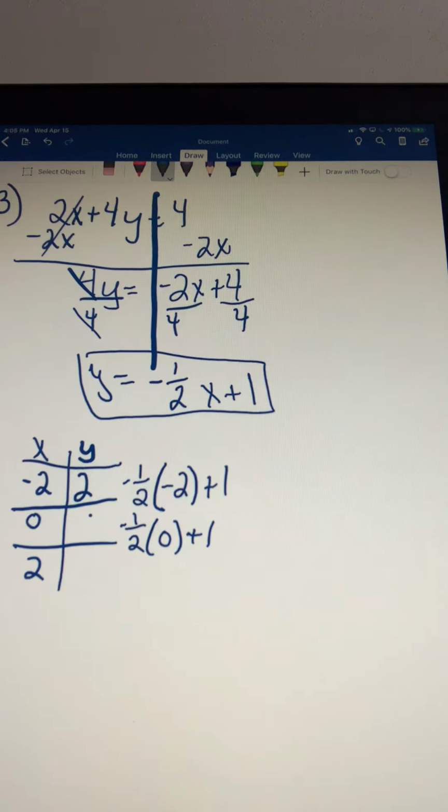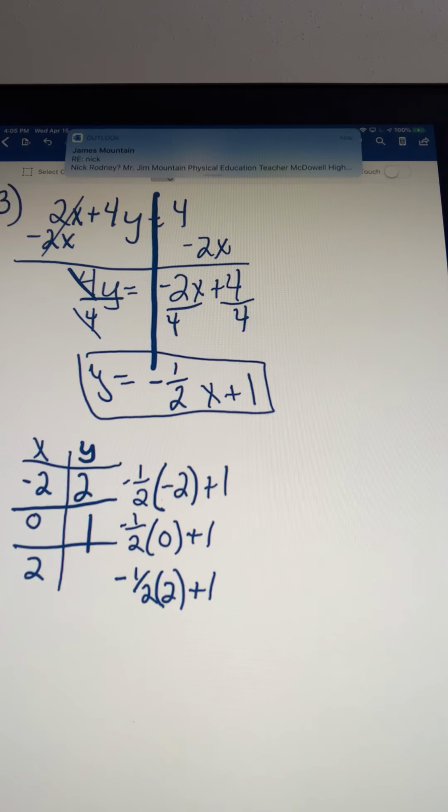So 0 plus 1 is 1. Now negative 1/2 times positive 2 plus 1. Well, negative 1/2 times 2 is negative 2 over 2. Negative 2 over 2 is negative 1. Negative 1 plus 1 is 0.